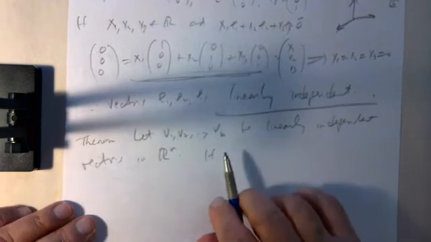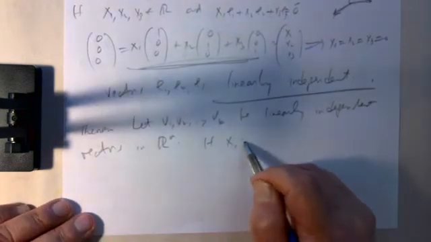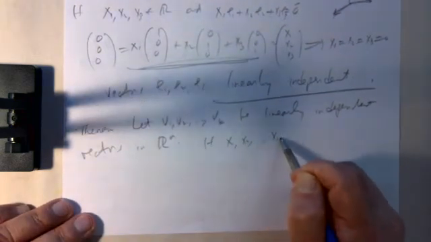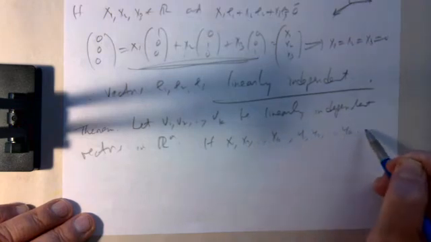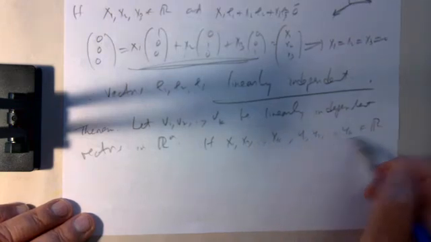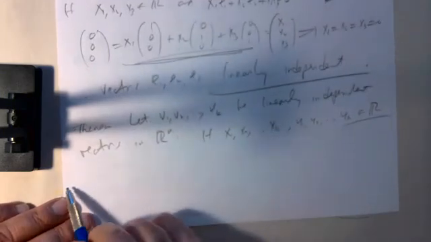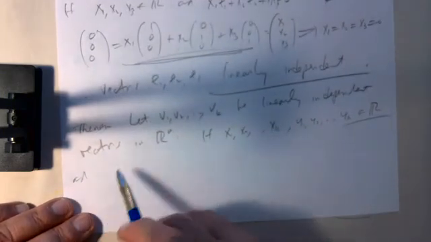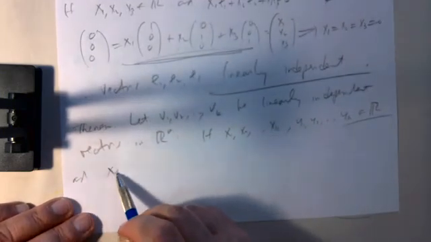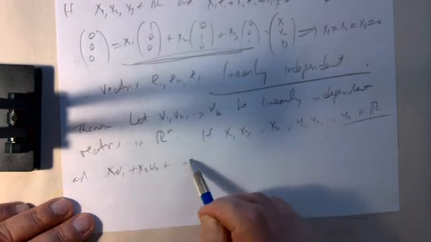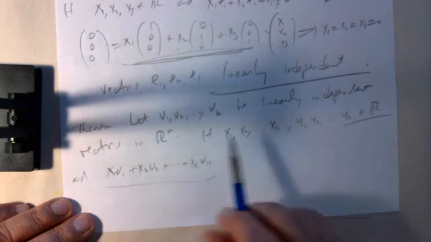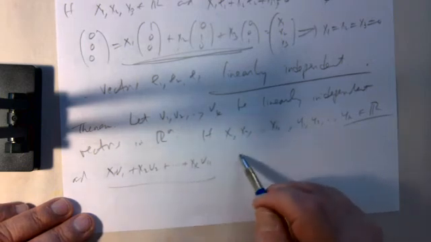If we have two sets of scalars, x1, x2 up to x sub k, and y1, y2 up to y sub k, so these are scalars, these are real numbers. And if we take the linear combination x1 v1 plus x2 v2 up to x sub k v sub k, this is one linear combination of v1 up to vk.